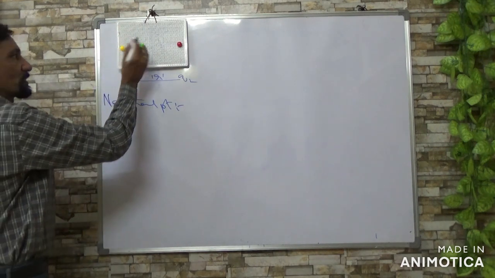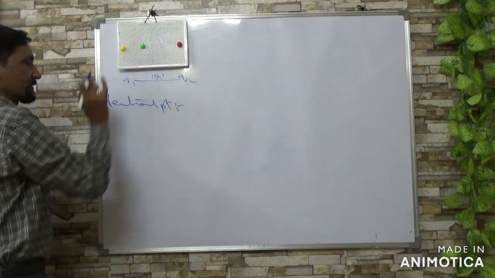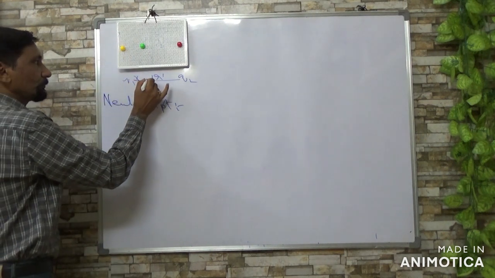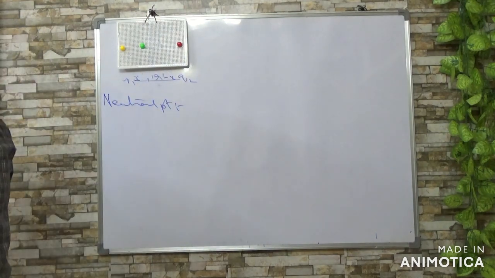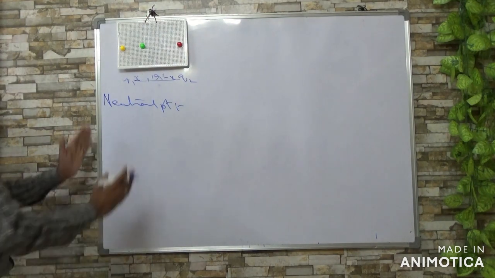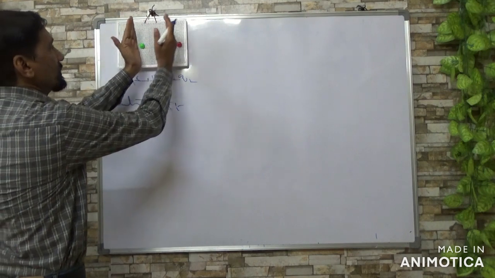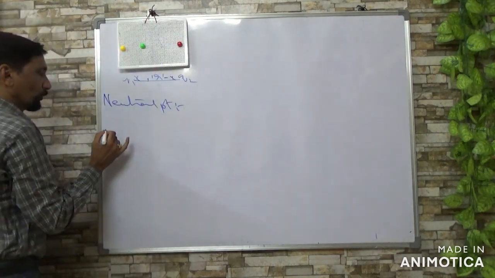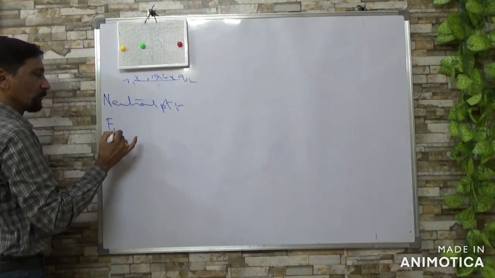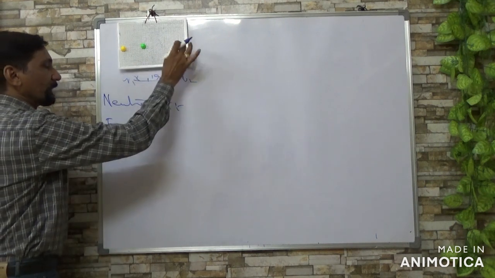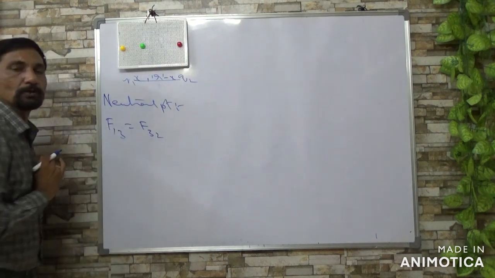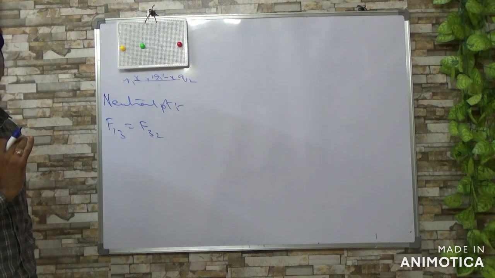Suppose it is placed at some distance x, then the remaining distance will be r minus x. That means the force between 1 and 3 is equal to the force between 3 and 2. How do you find the force between two point charges?